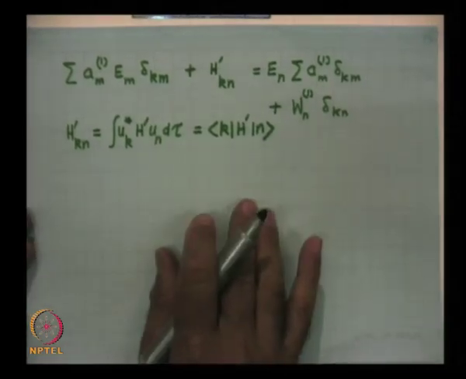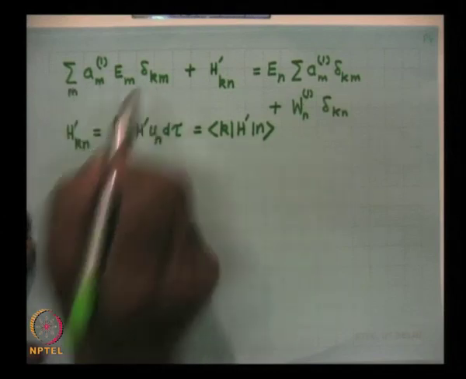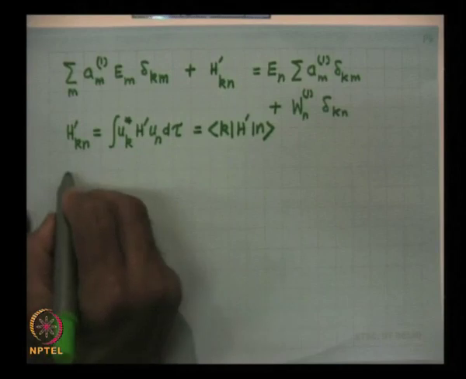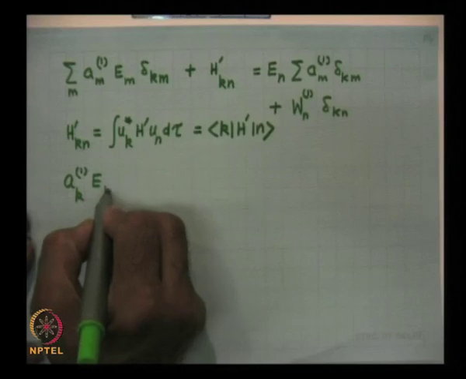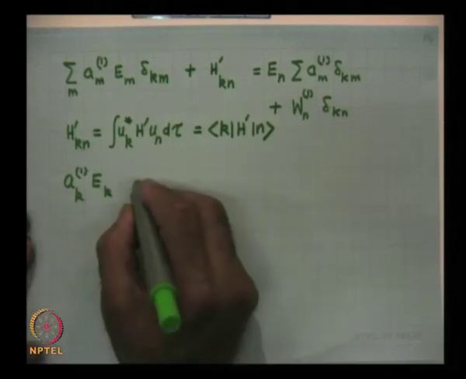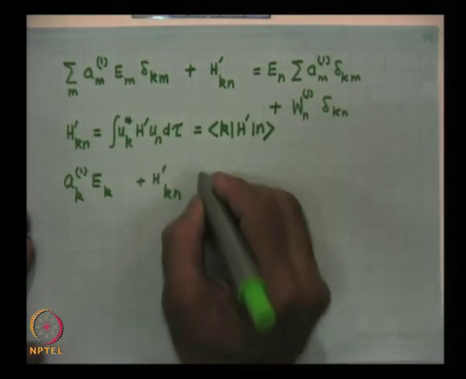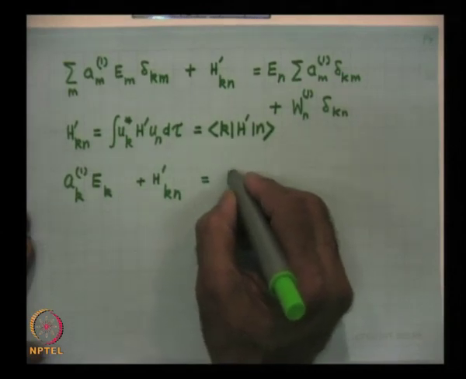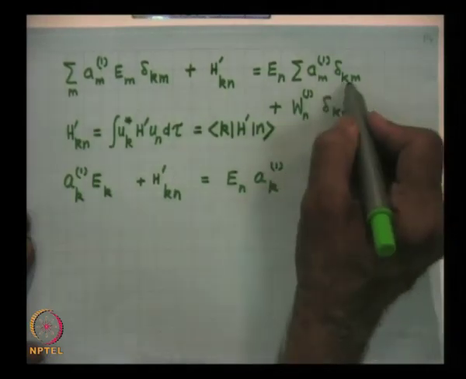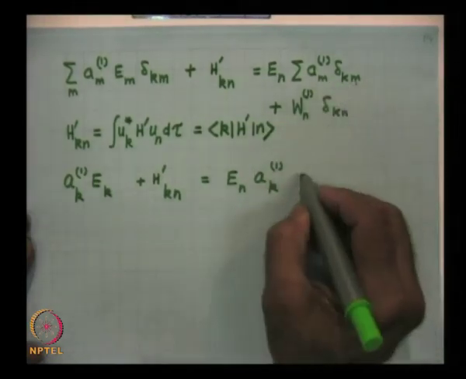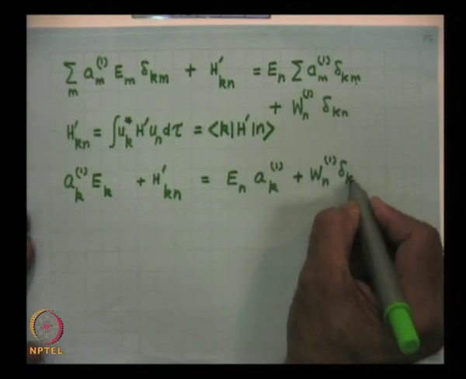So, if I sum the series, only the m equal to k term survives, and so we have a k 1 E k plus H prime k n is equal to E n a k 1, because only the m equal to k term will survive, and W n 1 delta k n.